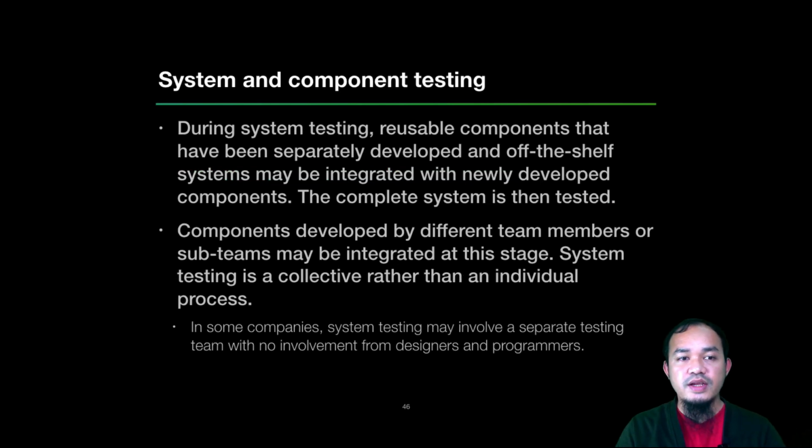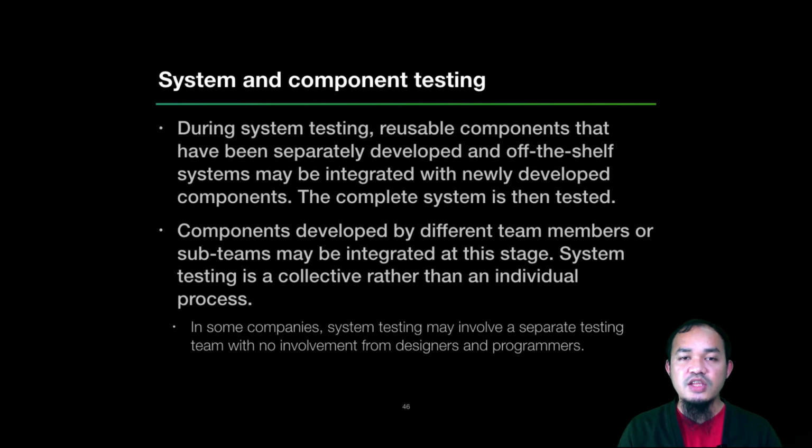System testing and component testing. During system testing, reusable components that have been separately developed and off-the-shelf systems may be integrated with newly developed components. The complete system is then tested. There may be components developed by the development team.